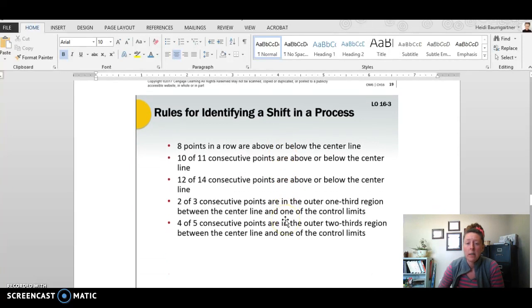Here are some rules for identifying a shift in a process that may indicate that a process is going out of control. We want to have specific numbers that we're using, not just a random look at the chart to say, yeah, that looks like it might be starting to go out of control. We have some rules that you can use, not something that you have to memorize, just be aware of. First, 8 points in a row above or below the center line.